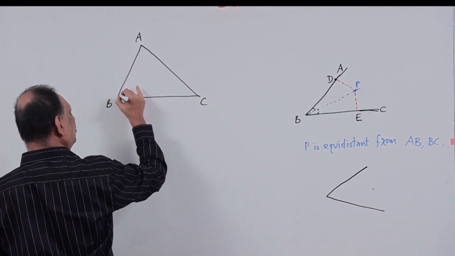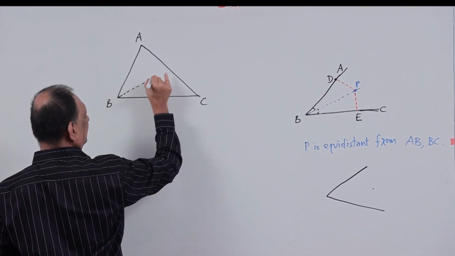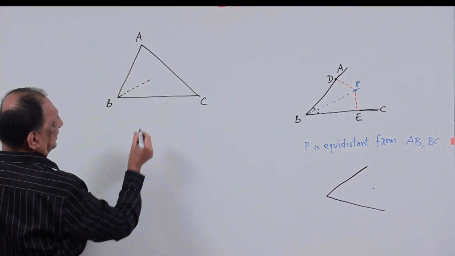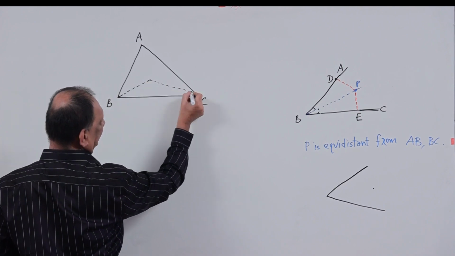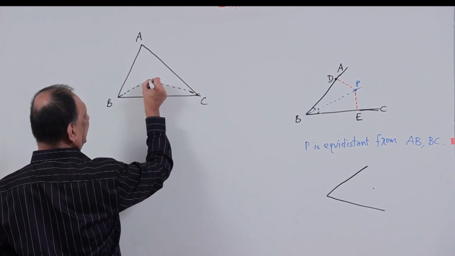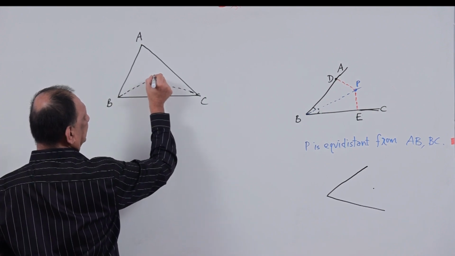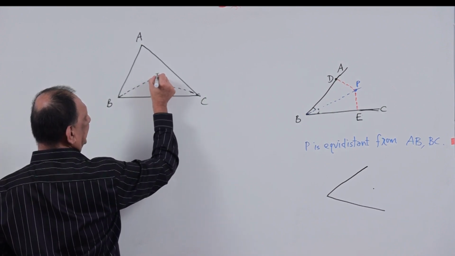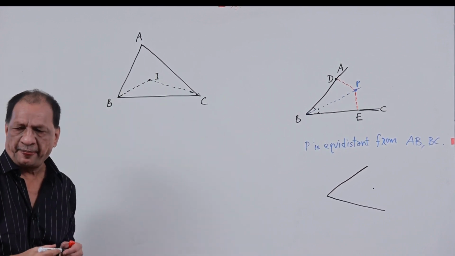We draw only two bisectors, maybe the bisector of angle B and the bisector of angle C, and they intersect at a point. This time I like to call the point I.